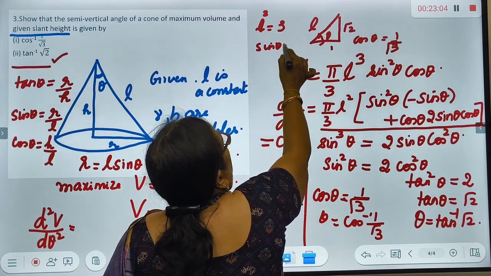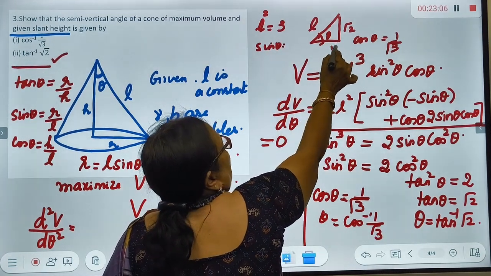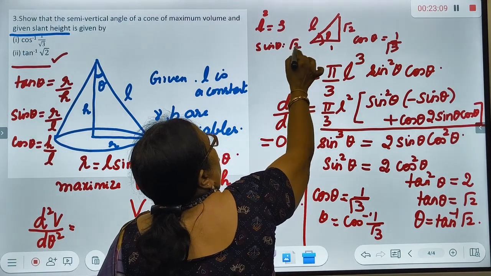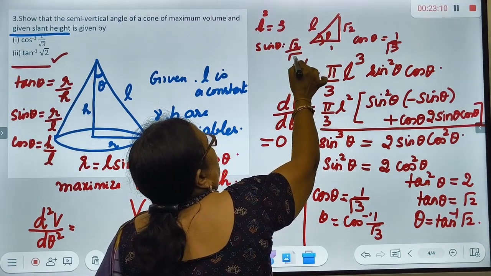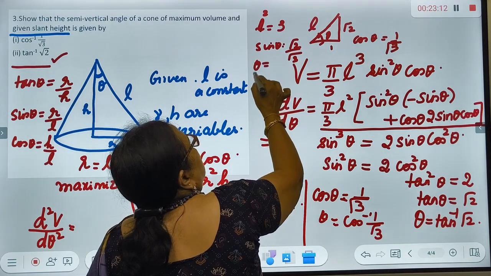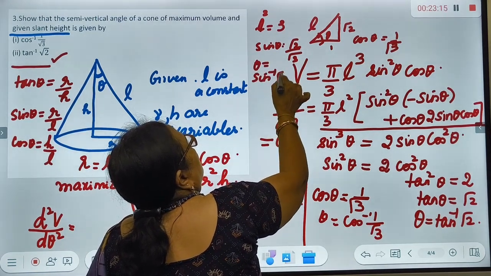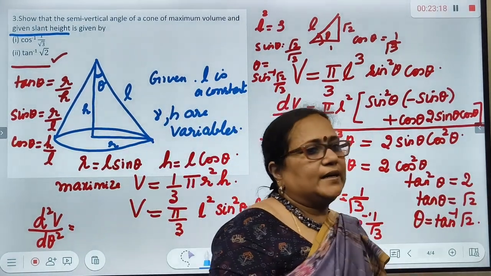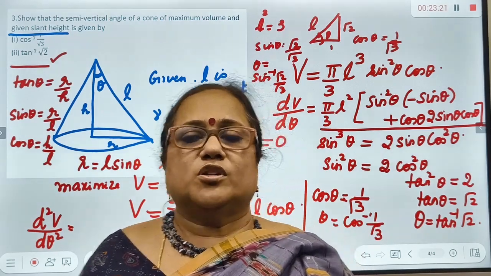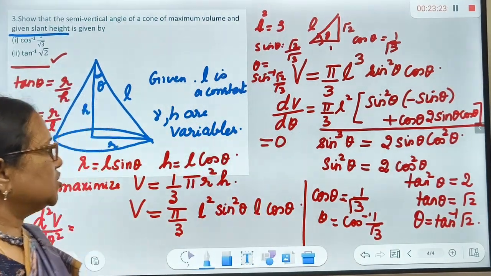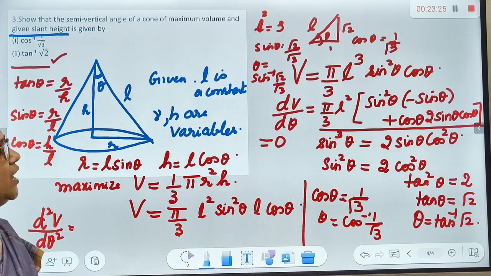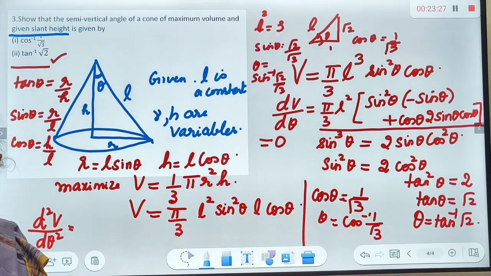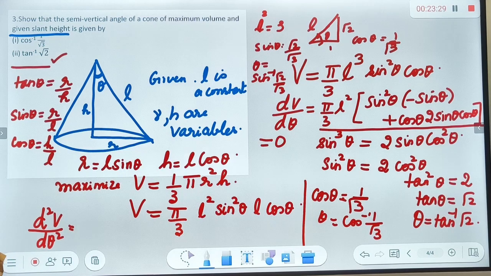Opposite side root 2 by hypotenuse root 3. So theta is also sin inverse root 2 by root 3. So substitute for sin theta, cos theta, tan theta, and check the sign of the second derivative. Finding the second derivative, I'm going to leave as a task for you to complete.